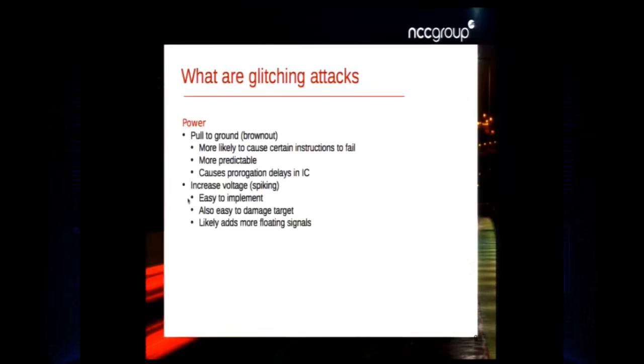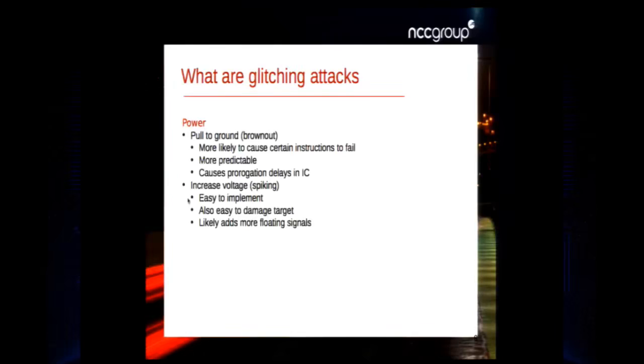With power glitching attacks, we can do either a brownout or a voltage spiking attack. With a brownout attack, we cause propagation delays within the IC. This tends to be a bit more predictable, at least in my experience doing it on the Arduino chip, and it's more likely to cause write back to fail.